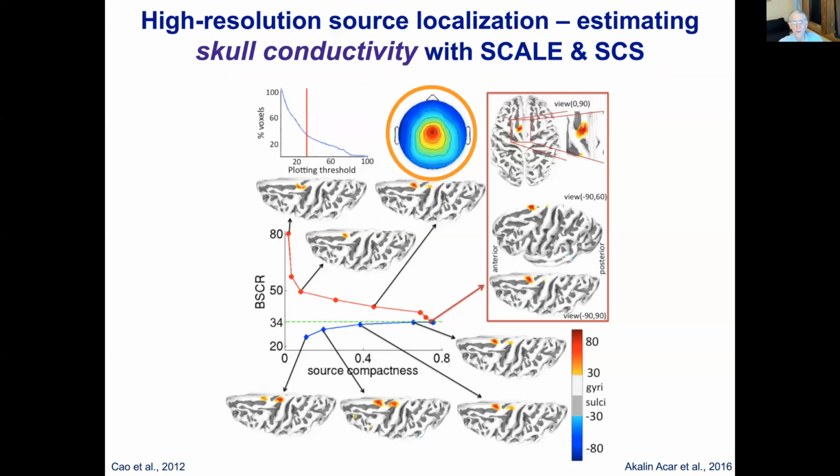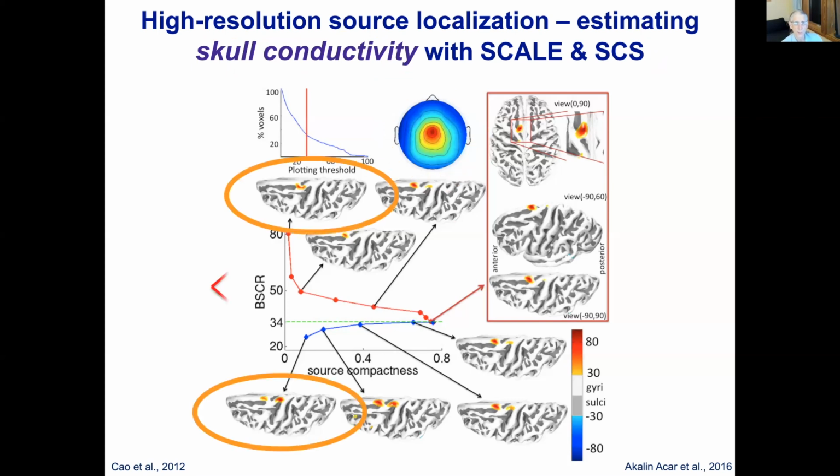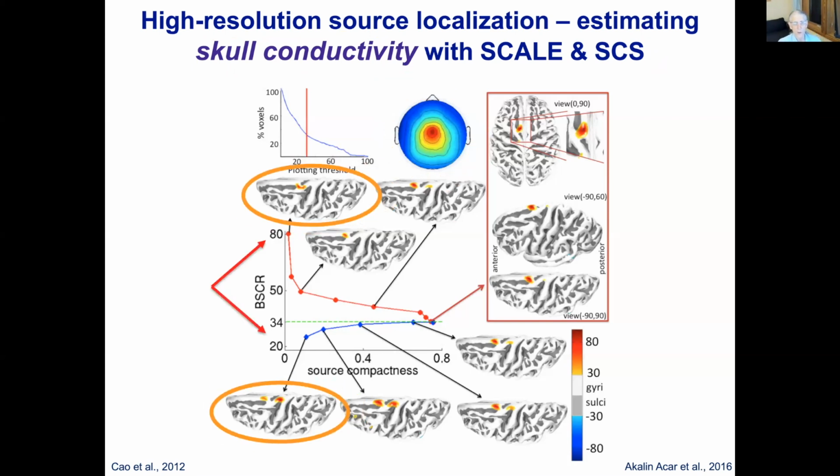So here is just one of the dozen or so component processes, the scalp maps that we used. And we began 2 runs with quite different estimates of how much more resistive the skull is for this subject than the brain tissue. And we used 2 values that are common in the literature, 80 and 25.